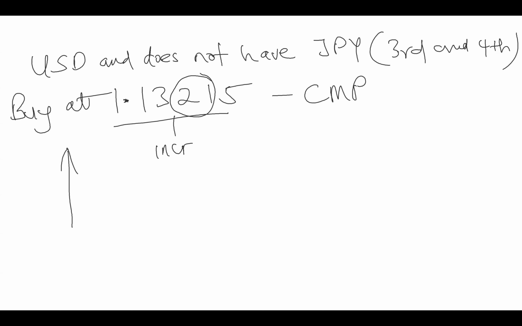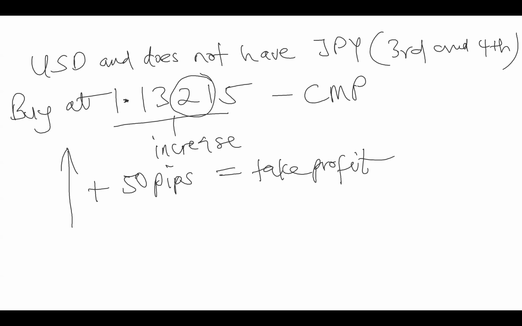So if they tell you to set your take profit, since we are buying, at 50 pips, what is going to happen? That means I'm adding plus 50 pips to get my take profit.